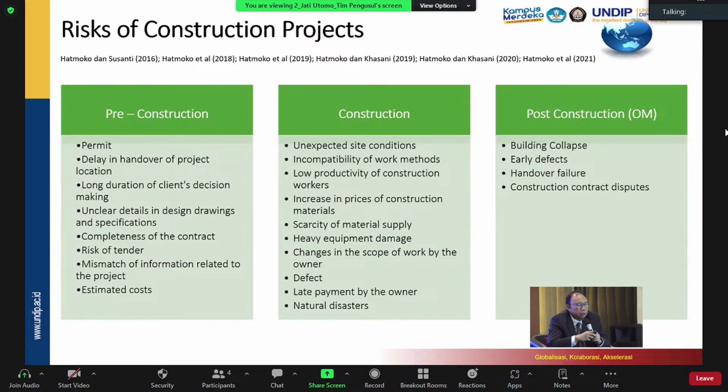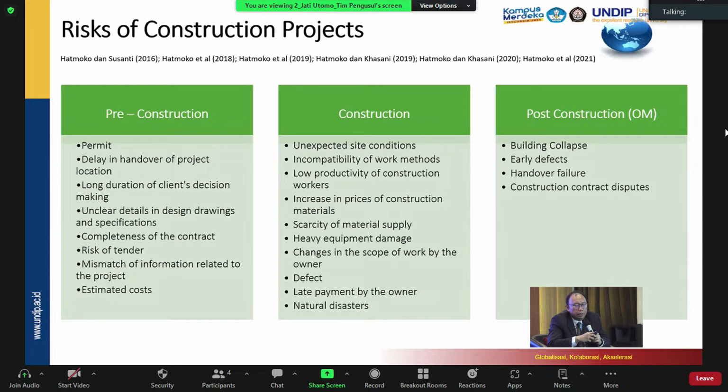While in the construction phase, we might have even more risks related to unexpected site conditions, for example, incompatibility of work method, low productivity of construction workers, increased price of construction materials, scarcity of material supply, heavy equipment damage, changes in the scope of work by the owner, defects, late payment by the owner, and natural disaster. So let's not forget that.